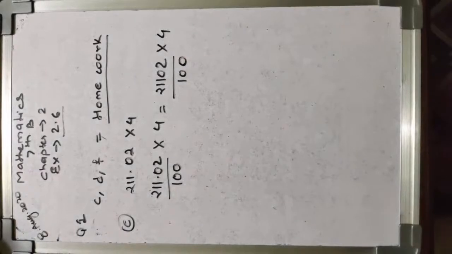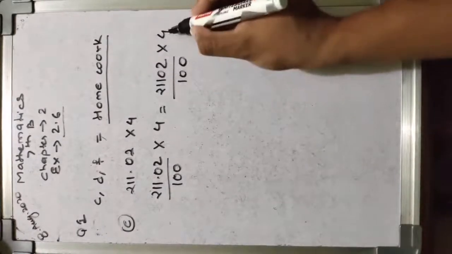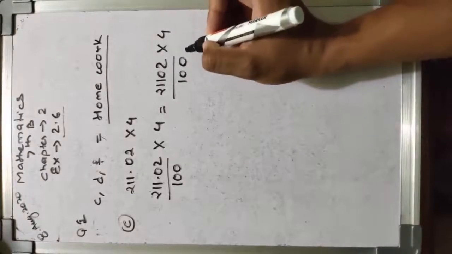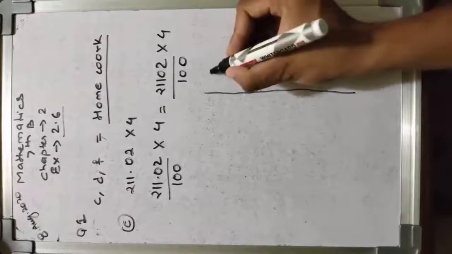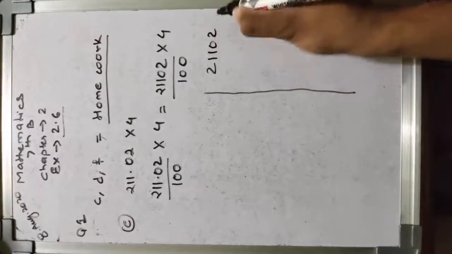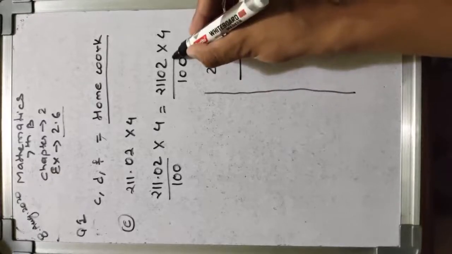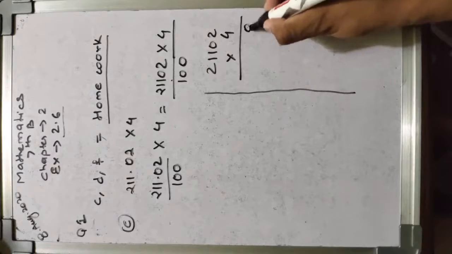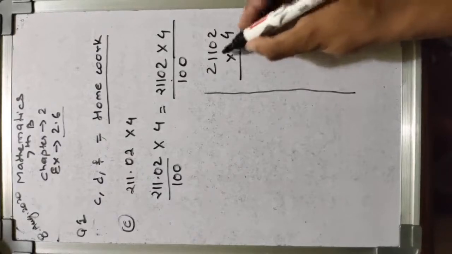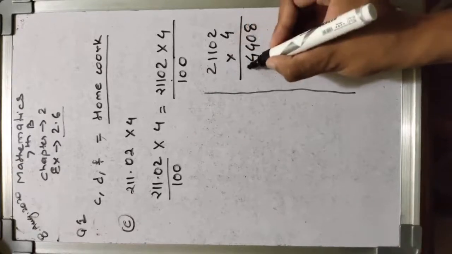Now if you multiply this number directly with 4, the calculation will get easier. See how. I am multiplying 21102 directly by 4, because this 4 is in multiplication with 21102. 4 2s are 8, 4 into 0 is 0, 4 1s are 4, 4 1s are 4, and 4 2s are 8.